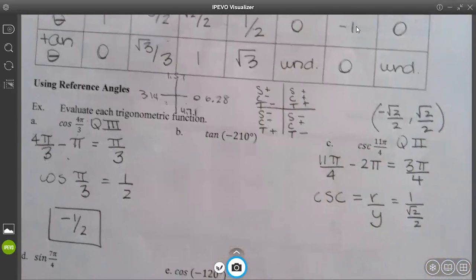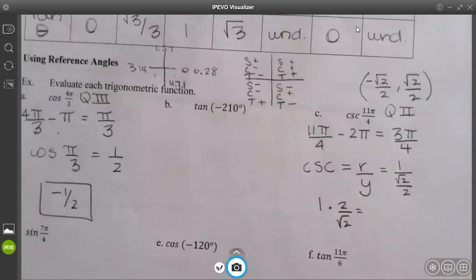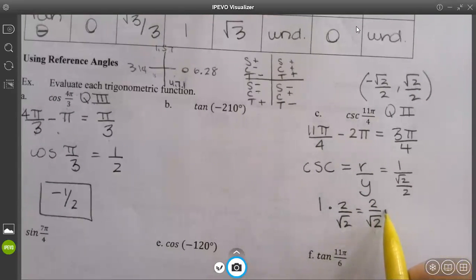We can't divide fractions. We do what? So multiply by 2 over the square root of 2. And I get? Multiply straight across. Can't have that. And I get? Which is?